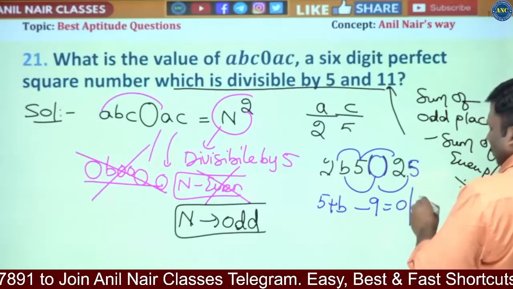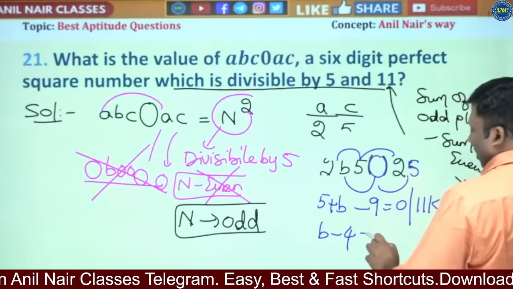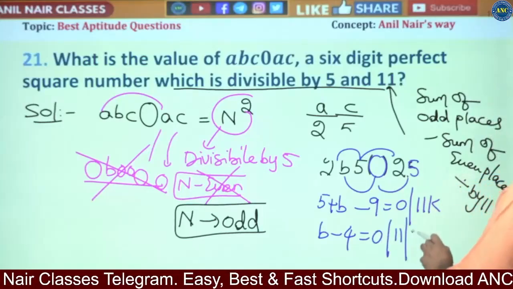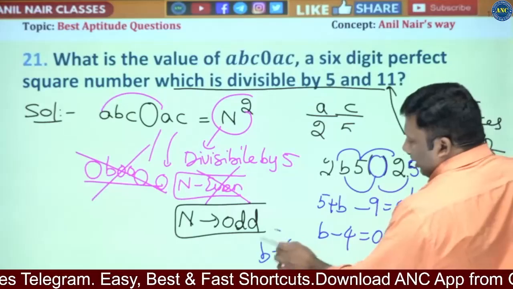It can be either 0 or it will be divisible by 11. So B minus 4 is 0 or 11 or 22. This case is not possible. So B is equivalent to 4.